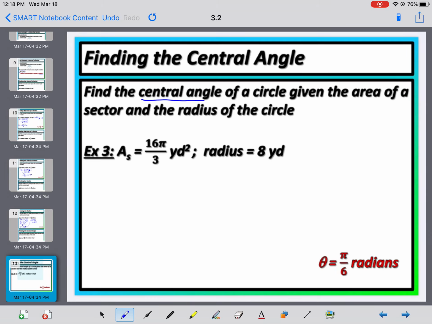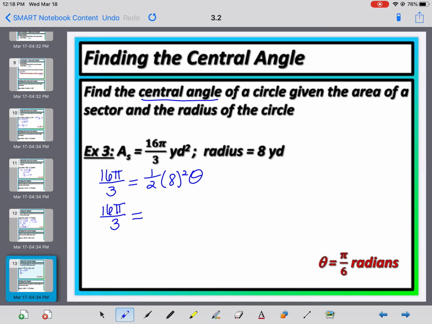All right, so some more working backwards. Find the central angle. We're being given r, and we're looking for theta. Again, I want to simplify what's on the right side. So 1/2 times 8 squared would be 1/2 times 64.